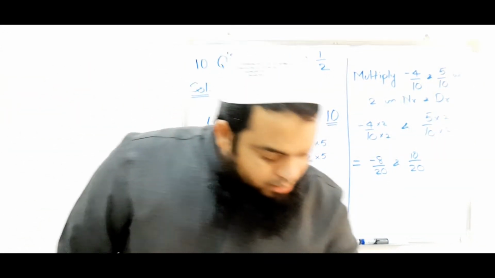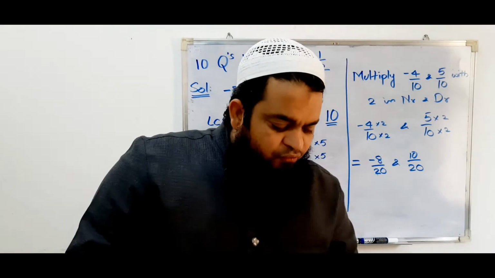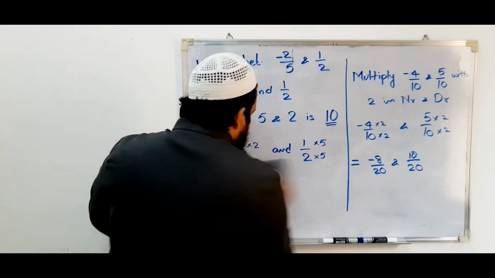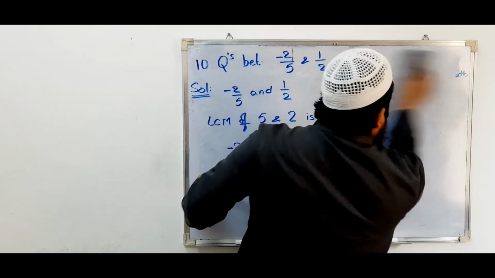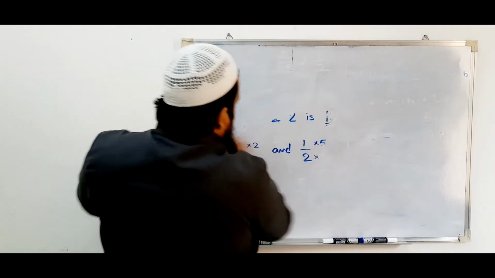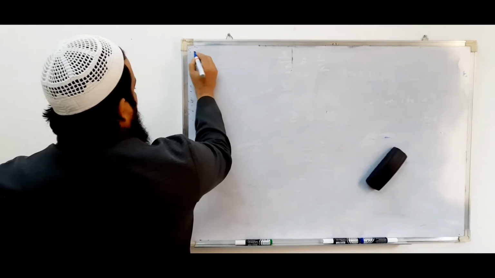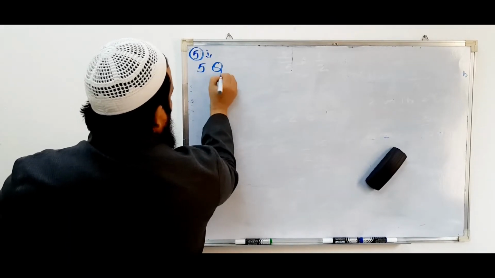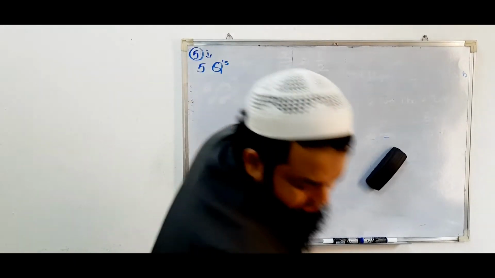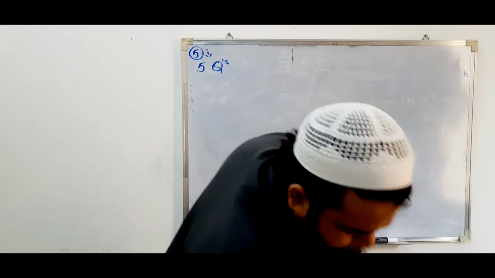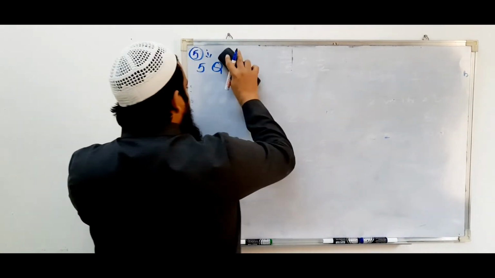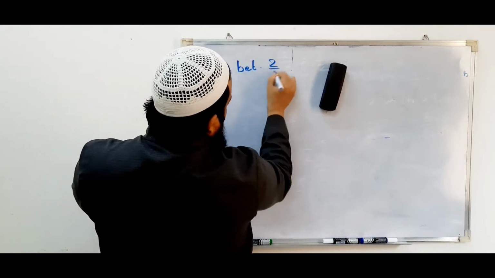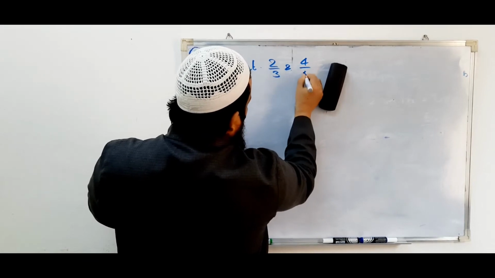Now, find 5 rational numbers between 2 by 3 and 4 by 5. This is the 5th question, and here they need 5 rational numbers between 2 by 3 and 4 by 5.